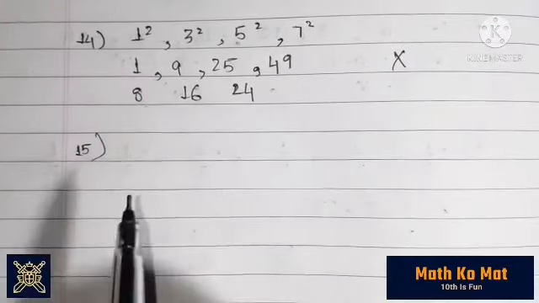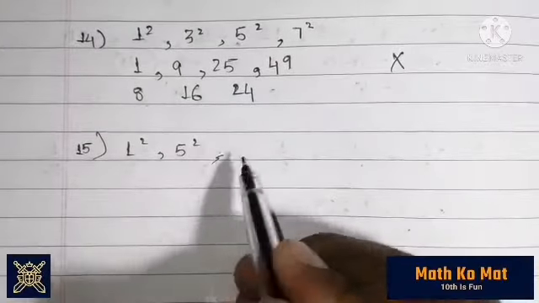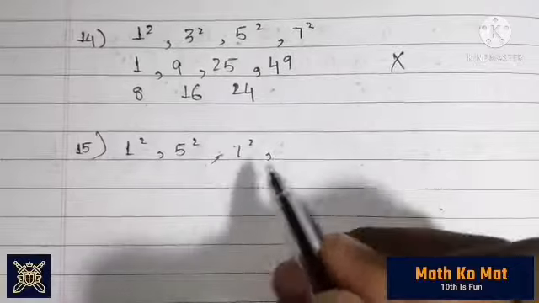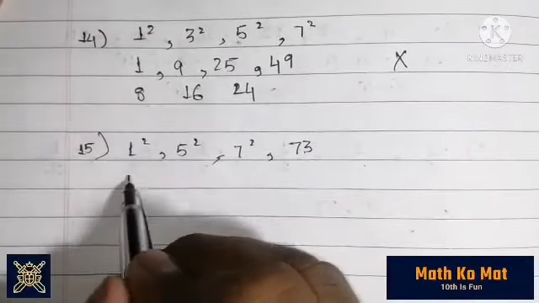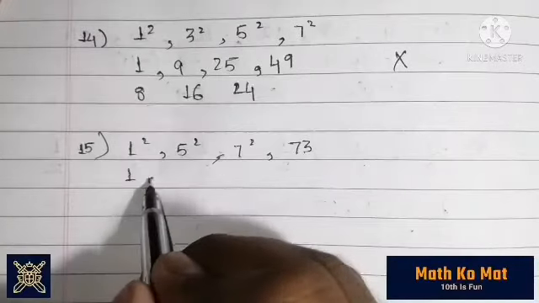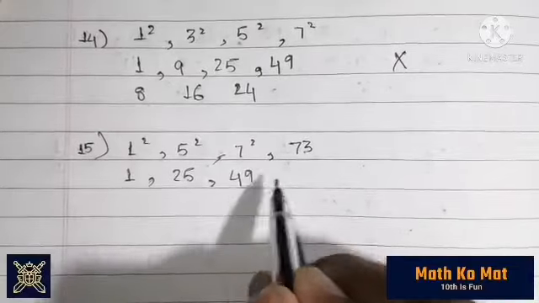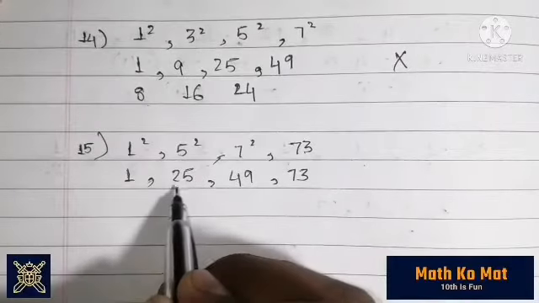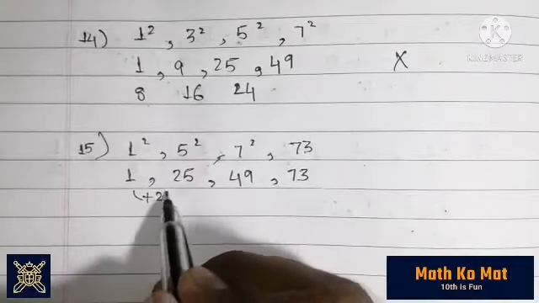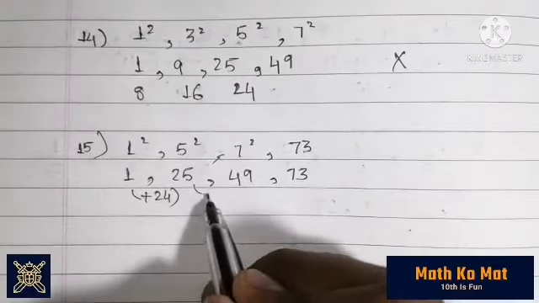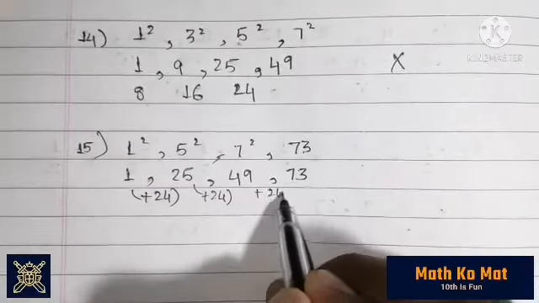Here you have 1 square, 5 square, 7 square and 73. Now just write the values of these squares. 1 square is 1, 5 square 25, 7 square 49 and 73. When you subtract 1 out of 25, you get 24. 25 plus 24, 49. 49 plus 24, 73.